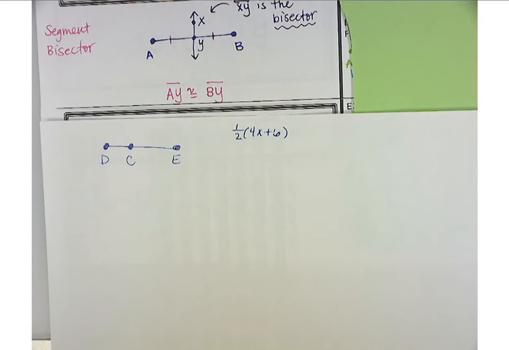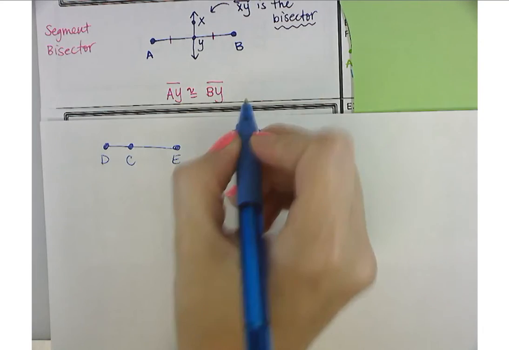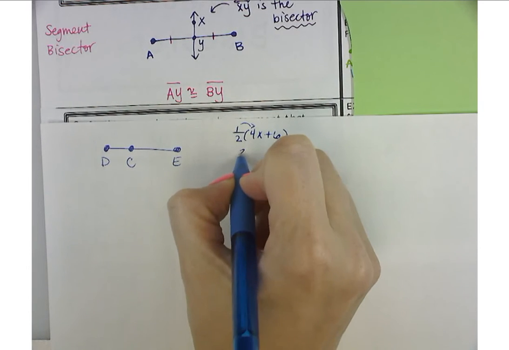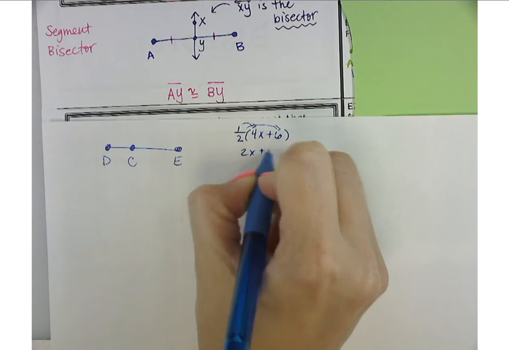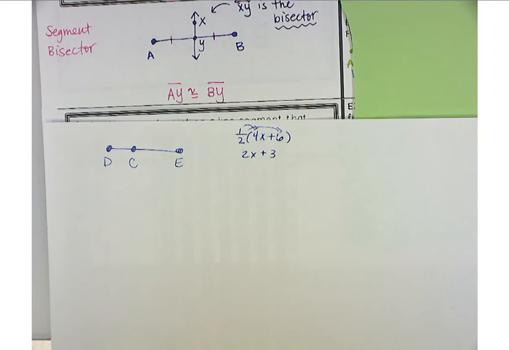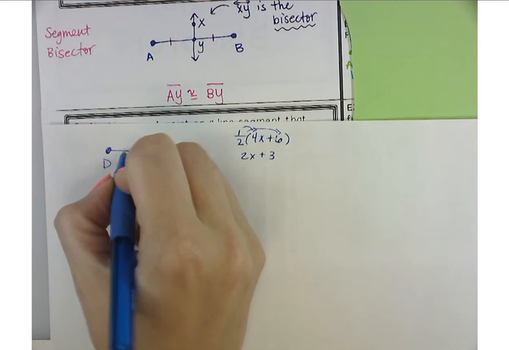Distribute, right? You can distribute the 1/2 to the 4x and to the 6. So if I'm distributing, 1/2 times 4x is 2x, 1/2 times 6 is 3. So when I'm labeling that on my drawing, which is DC, I'm just going to write 2x plus 3.